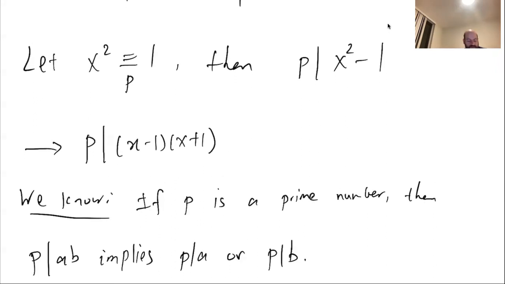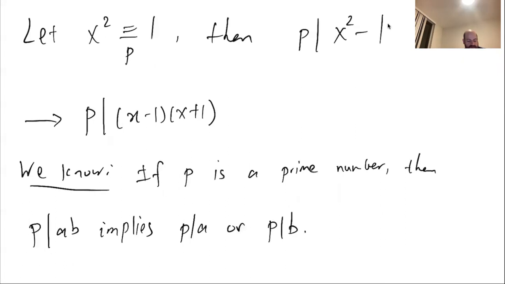I think my screen froze for a second. So p divides x -1 times x plus 1. And we know that if p is a prime, p divides ab implies p divides a or p divides b. That's a feature of prime numbers: if a prime number divides the product of two numbers, then it must divide at least one of them. This property does not hold if p is not prime, but if p is prime, p divides ab implies p divides a or p divides b.